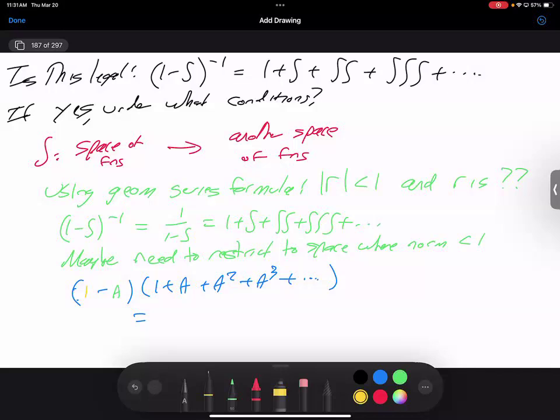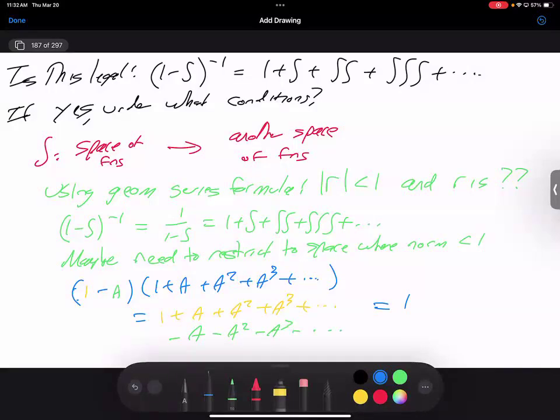So when I do things with the gold, I will get 1 plus A squared plus A cubed plus dot dot dot. And when I do things with the green, I'll get minus A squared minus A cubed minus dot dot dot. And what does all of this simplify to? 1.